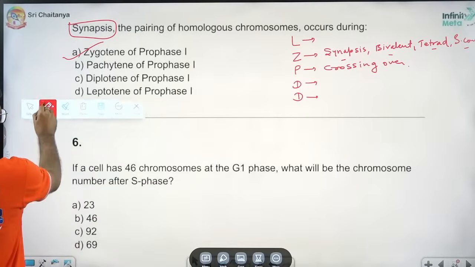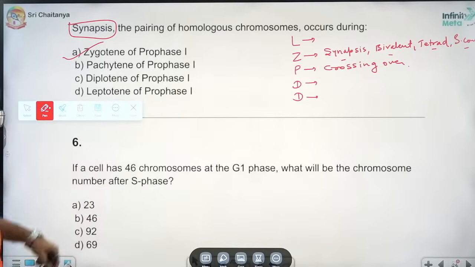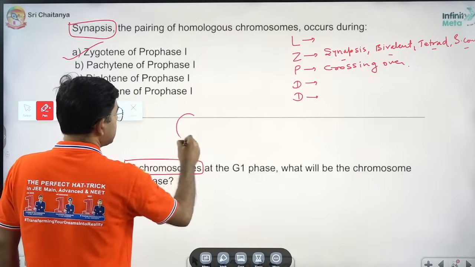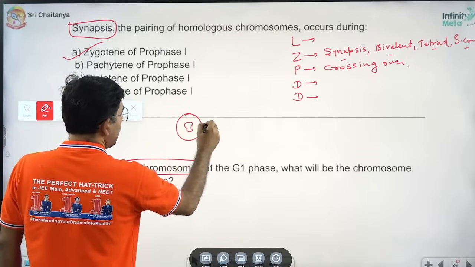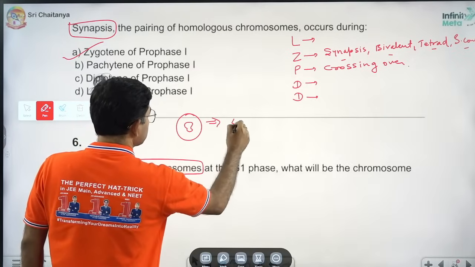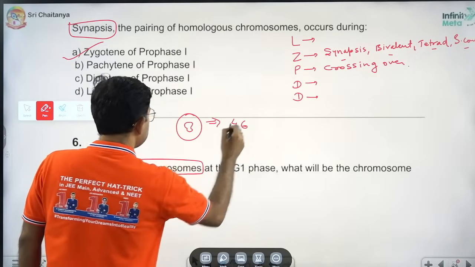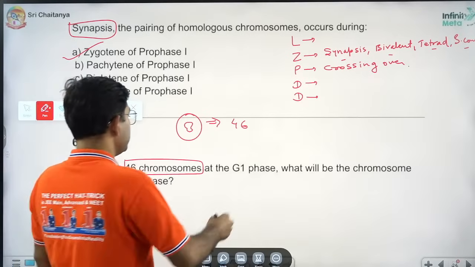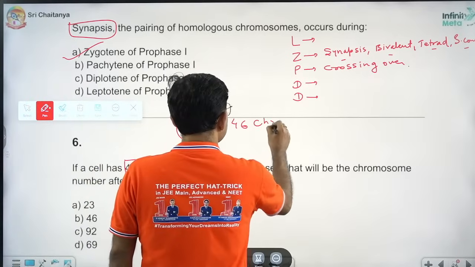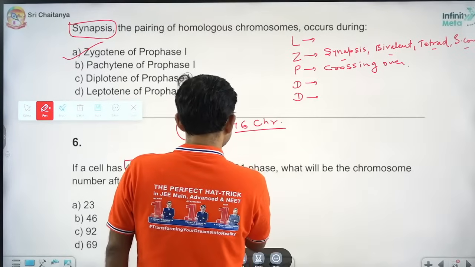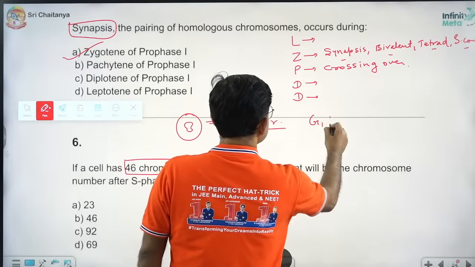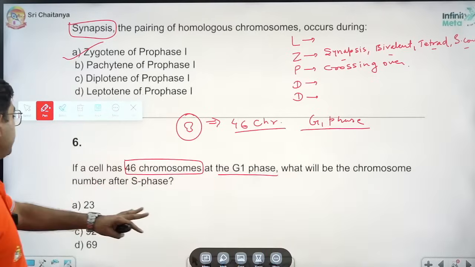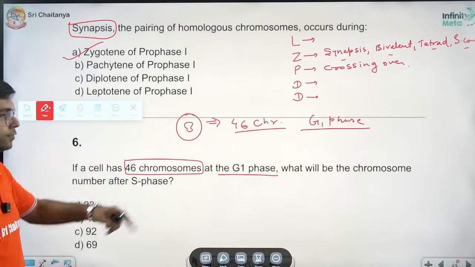Another question, a bit interesting. If a cell has 46 chromosomes, let's consider this is a cell and it has 46 chromosomes in the G1 phase. Then it is asking what will be the chromosome number after S phase?